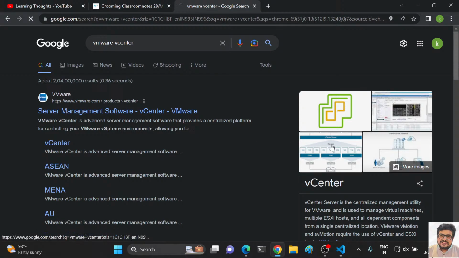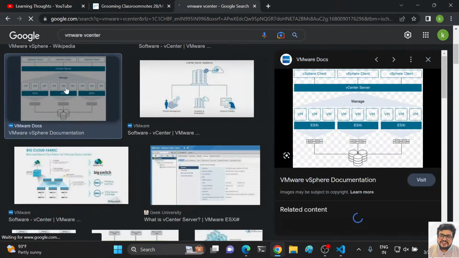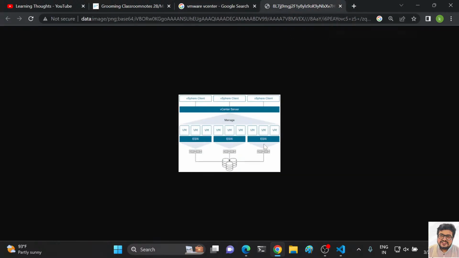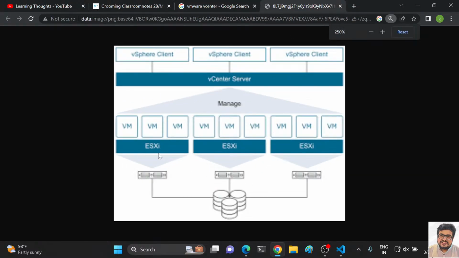If you look at this image, we have ESXi, and then we have vCenter. To connect to vCenter, we have vSphere. Let us assume that I am a data center admin. I will be using the vSphere client, which connects to vCenter, and vCenter can speak with any of the ESXi hosts installed on the physical machines, because you can't expect an admin to go and connect to every server and see what is happening.